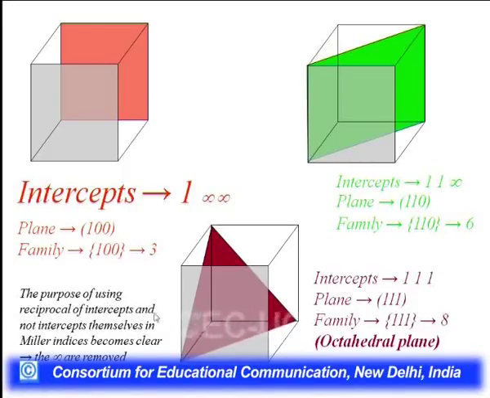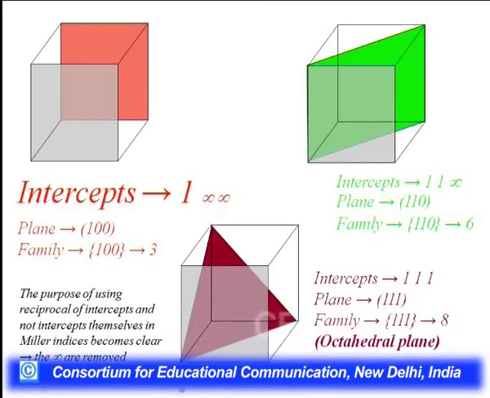The purpose of using the reciprocal of the intercept and not the intercepts themselves in the Miller indices becomes clear, that infinities are removed. Now if you consider this plane, with the x-axis intercept at 1, y at 1 and z at infinite, the plane will be 1, 1, 0, and this family represents the 6 planes which are parallel to these particular indices.